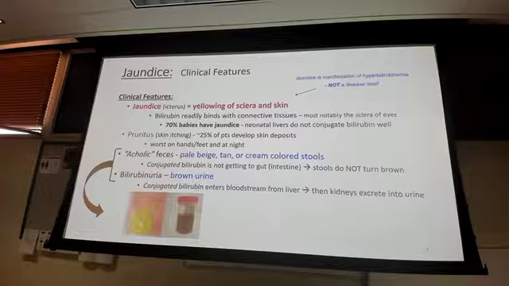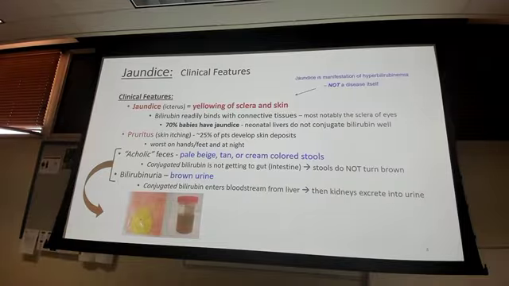If conjugated bilirubin cannot get into the gut, then we're not going to make that stercobilin. And if we don't make that stercobilin, our stool is not going to be brown. And so then you'll get this acholic feces, which looks like a cream-colored, kind of light-looking stool. So that tells us something is getting in the way, so to speak, of that conjugated bilirubin going into our gut. Something's blocking it.